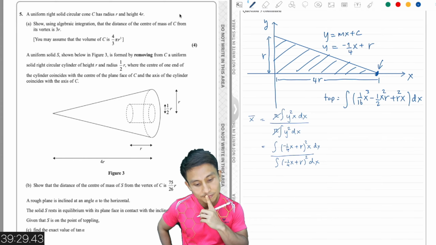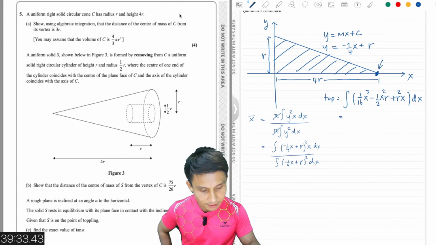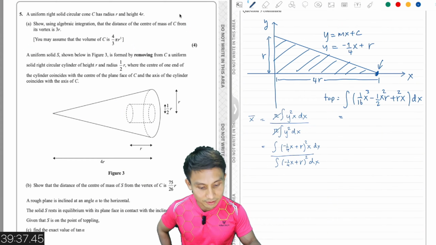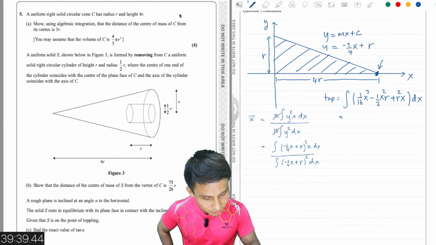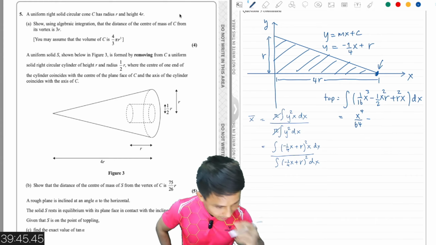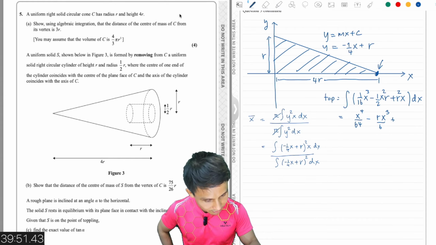Everything is good. Okay, then we integrate that. We're going to do the bounds later maybe. We just get the integral first, so that's x to the 4 over 64 minus r x to the 3 over 6, plus r squared over 2 x squared.